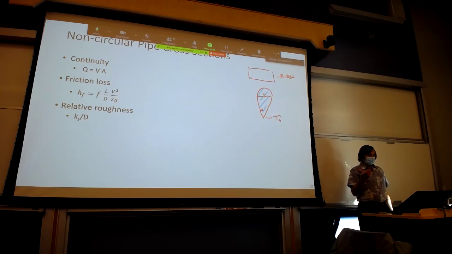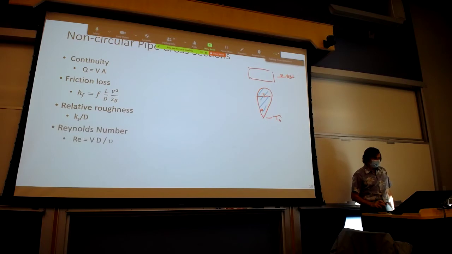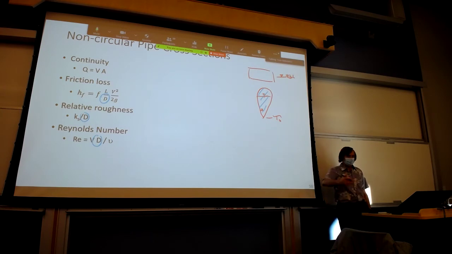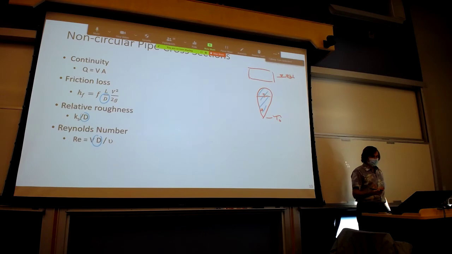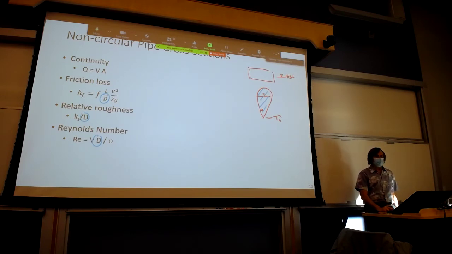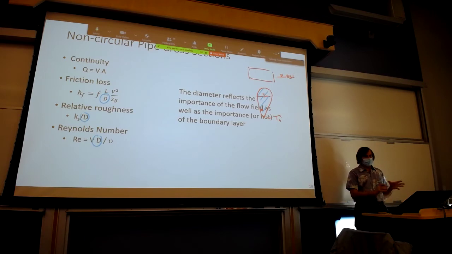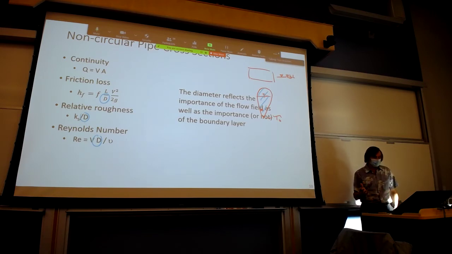If we're using the Darcy-Weisbach equation for the friction factor, we need to know relative roughness and Reynolds number. And in all of these, they had a diameter, which was the diameter of a circular pipe. And now what you're trying to do is use the Darcy-Weisbach equation for a non-circular cross-section. So how we come up with hydraulic equivalency is to take the characteristics of a circular section and match them to the same characteristic of a non-circular cross-section.